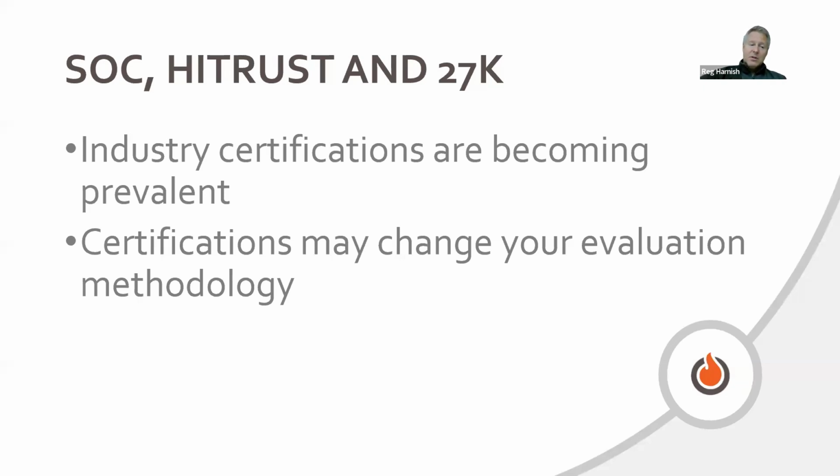If they've done the SOC 2 or the 27K or HITRUST or any other cert out there, are we comfortable accepting this in lieu of our questionnaire? In some cases, we may say yes. It really depends on, again, going back to that inventory, what's the classification, what's their current risk score, is it access or custody? We'll have an intelligent conversation about that. But in some cases, we may say, listen, thank you for the SOC 2 report, but we still need you to figure out how to answer this questionnaire.